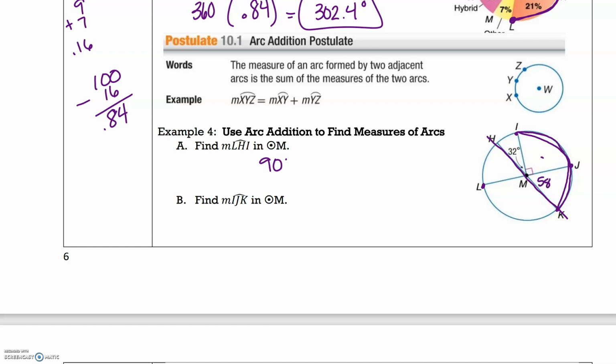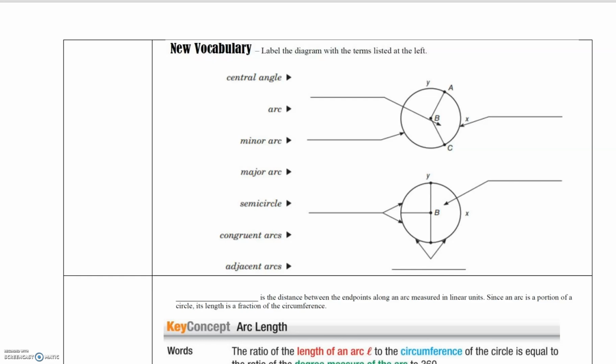And then we could just add the 90 and the 58 to get that angle. Or you can do your subtraction of 32 from 180 and get it that way. So 148 degrees.